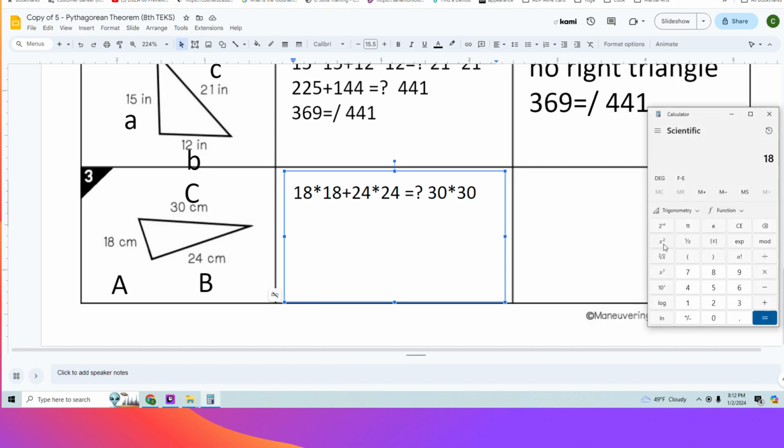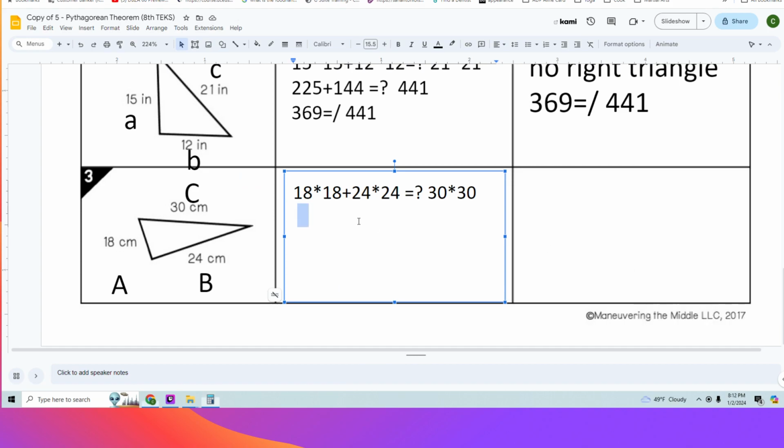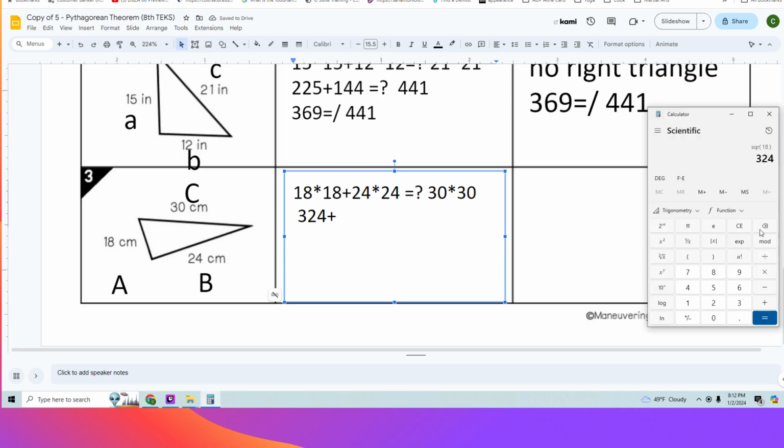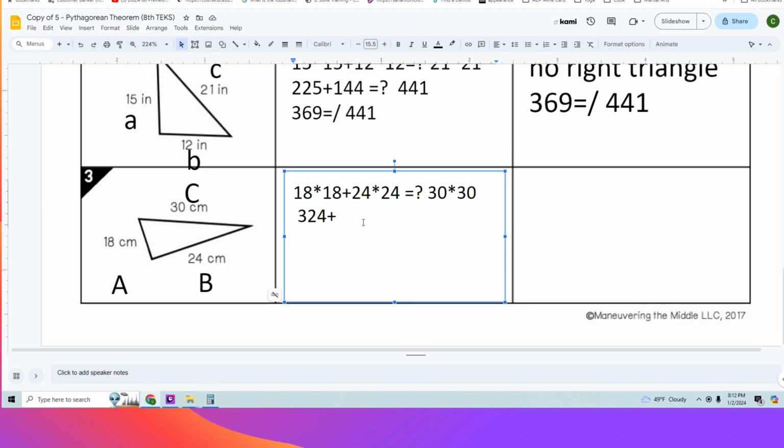So I'm cheating a little bit here. 324 plus 24 times 24, 576. Equals 900. Does that equal 900?